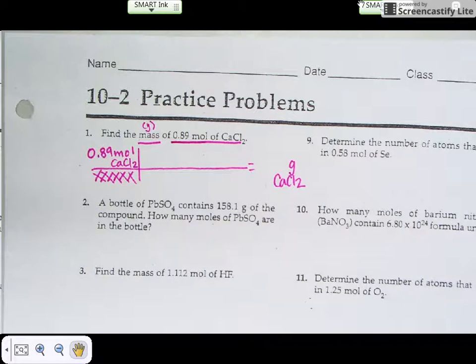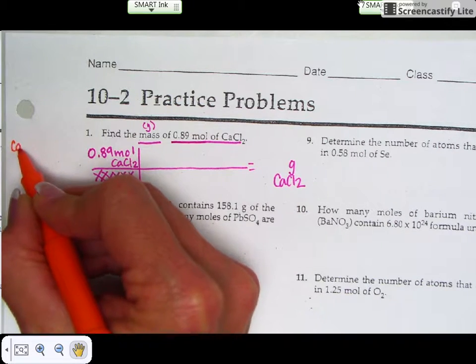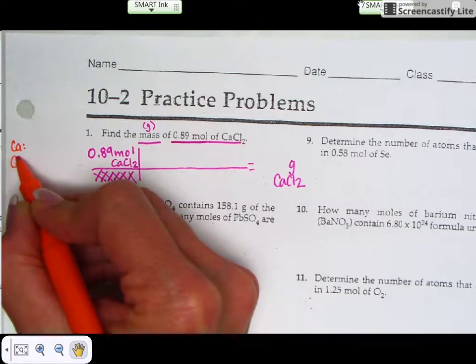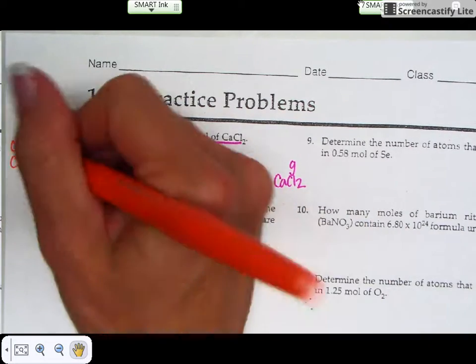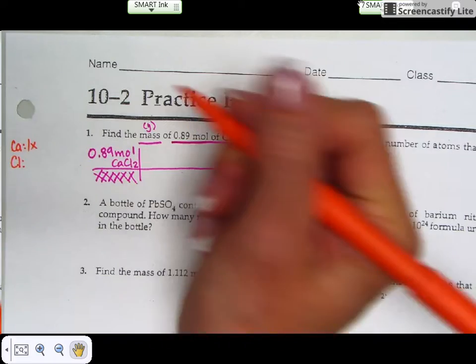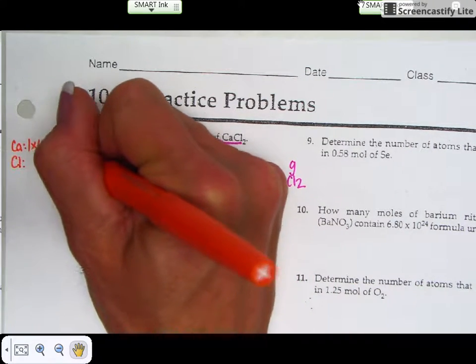So that means that our conversion factor is going to be our molar mass. So I'm going to come to the side, get my periodic table, and calculate the molar mass. We have calcium and chlorine in this compound. So there's one calcium, and if you look on the periodic table, its atomic mass is 40.08.